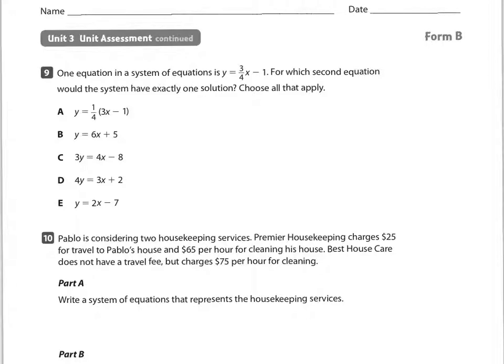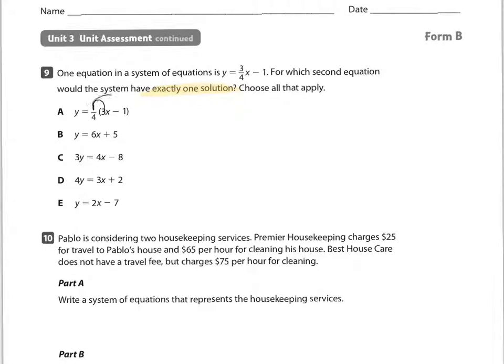For number 9, it says one equation in the system of equations is y equals 3 over 4x minus 1. For which second equation would the system of equations have exactly one solution? So we're looking for a one solution option. Now we know that one solution means that they have a different slope. So what we're going to do is use the distributive property for the first one.